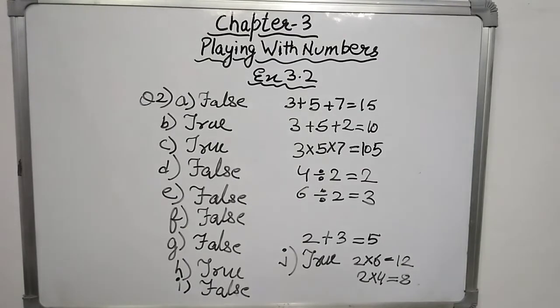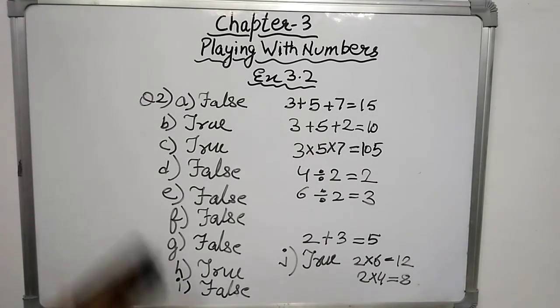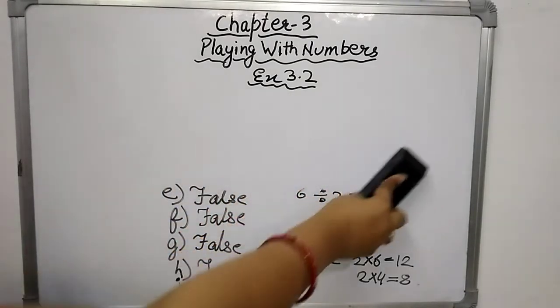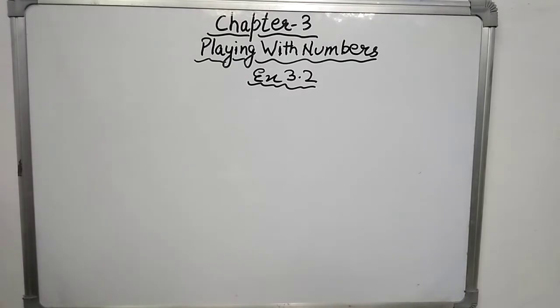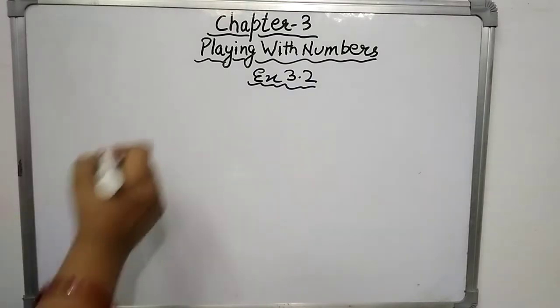Question number 3. The numbers 13 and 31 are prime numbers. Both these numbers have the same digits 1 and 3. Find such pairs of prime numbers up to 100.